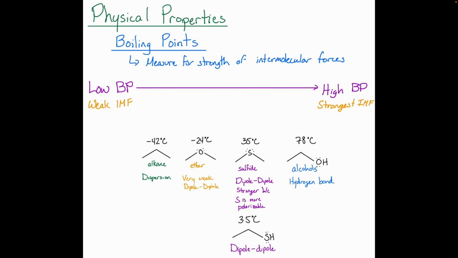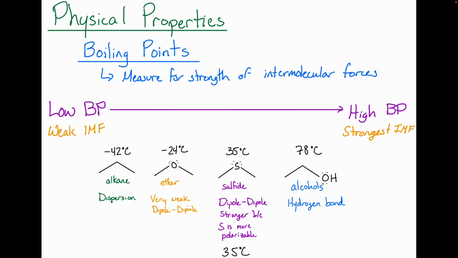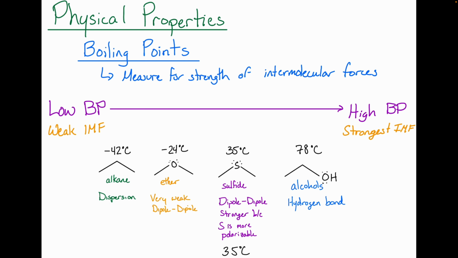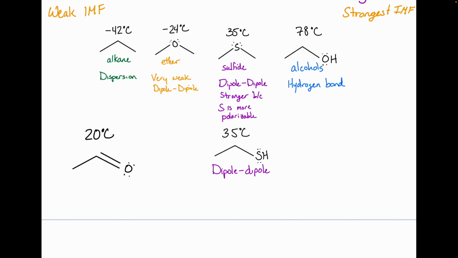We were talking about the strength of intermolecular interactions of our previous functional groups from this unit. So where do aldehydes and ketones fit into this? Again, we want to pick something that's a similar size. So we're going to do 2 carbons and an oxygen, but an aldehyde rather than an alcohol. This molecule right here has a boiling point of around 20 degrees Celsius.